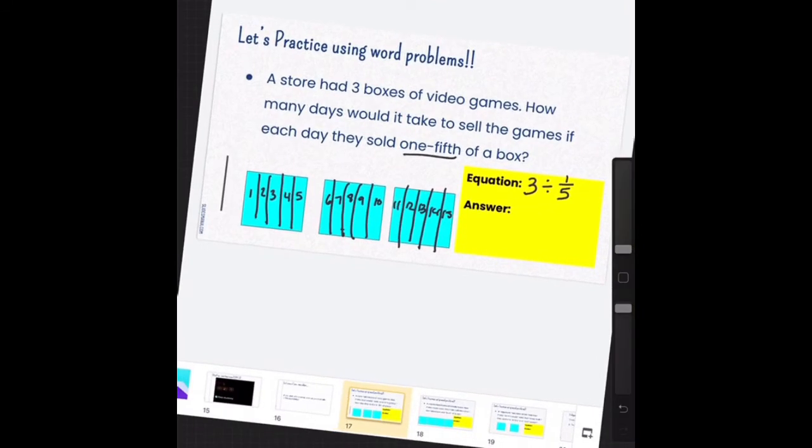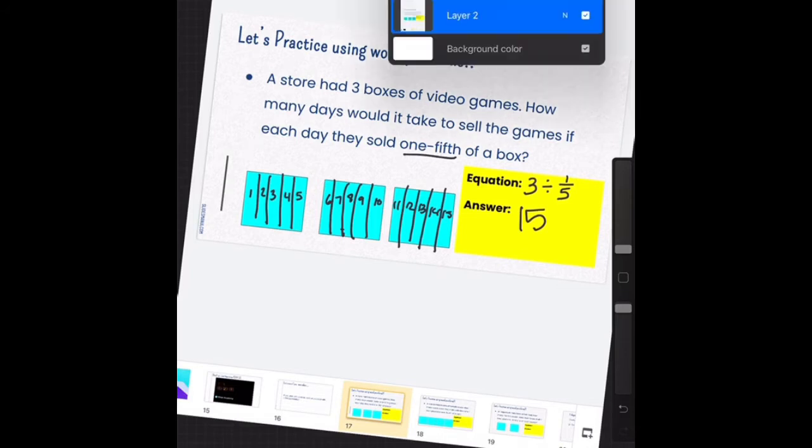So my answer is 15. It's going to take them 15 days to sell all the boxes. If you need a pause, you can, but we're going to keep on going.